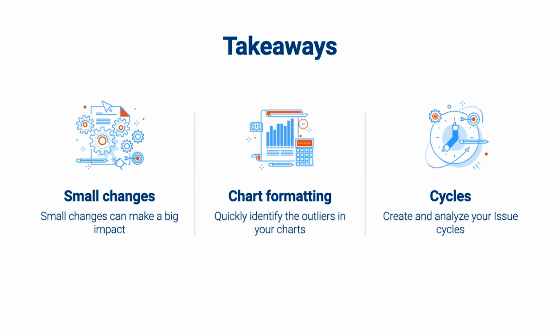Use chart formatting to have an additional layer on your chart, and also use it to focus your user's attention where you want and on what you want them to see and notice, so they don't miss it. And enjoy the cycles, because I know a lot of you have asked for this, otherwise we wouldn't have created them.